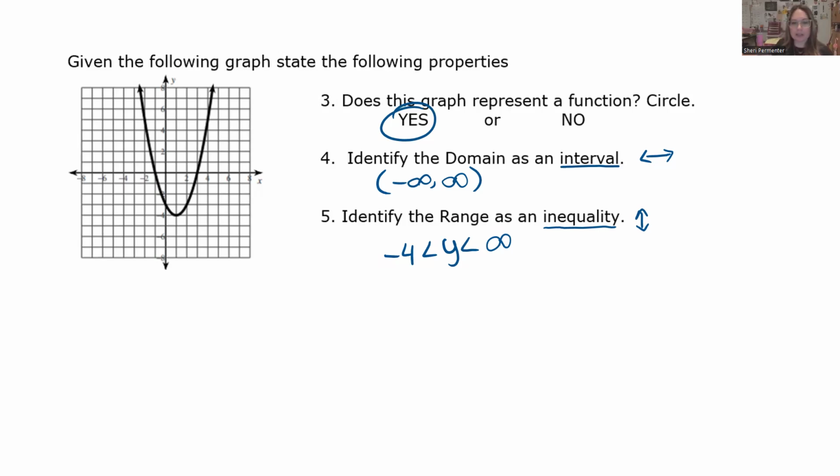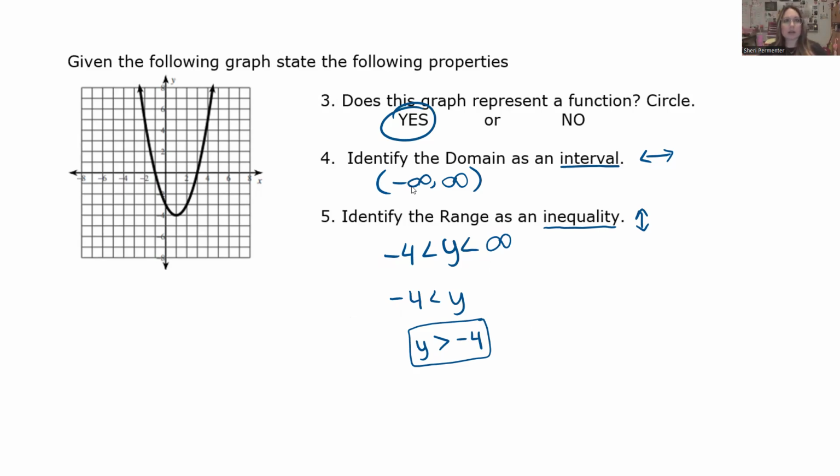So we can rewrite this so we've got -4 is less than y. But I've also said that we really like to have the variable on the left. So you might see it like that, or you might see it flipped so that the variable is on the left. Either one of these ways is more likely how you're going to see it on a quiz or a test. So anytime you have infinity on one half of your interval, you can drop the infinity part.